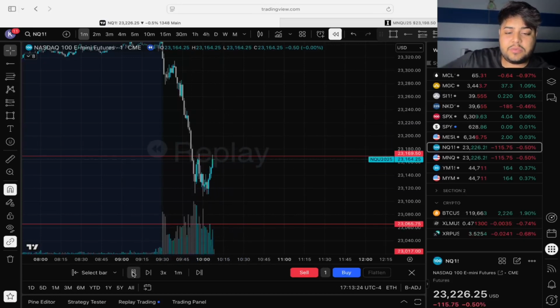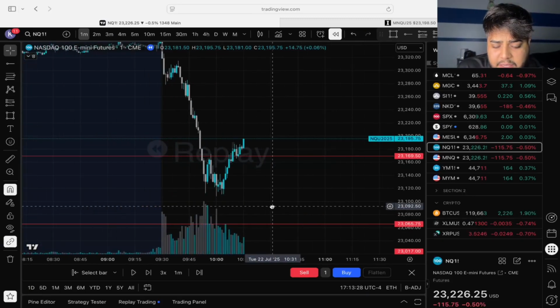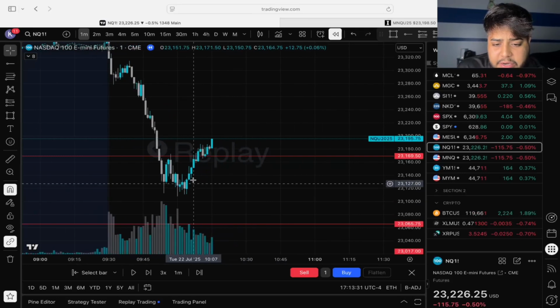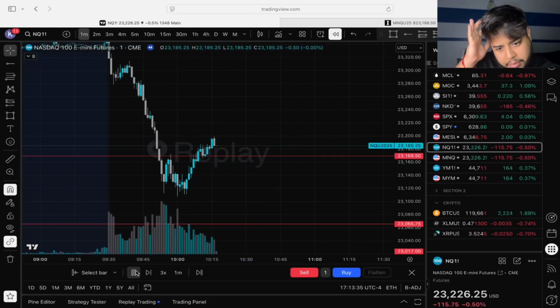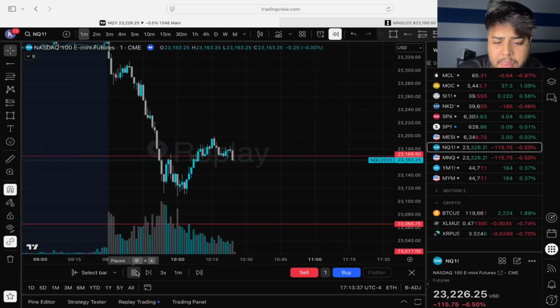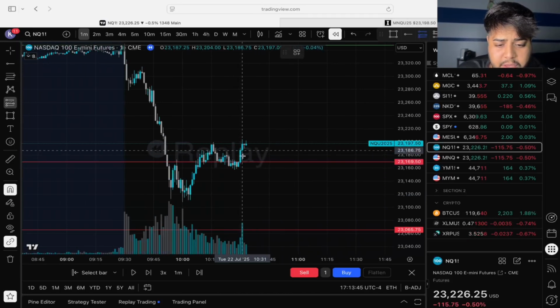So basically, this is one of the trades I took. I believe that I did get in like 1 or 2 contracts here, and then I waited, and then I got up here. Let me see where my entry was. And so that's my entry right here, fair value gap.